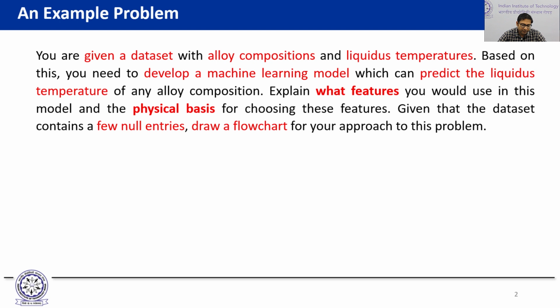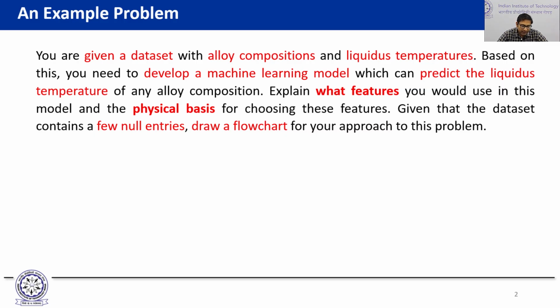So you have a data set with a bunch of different alloy compositions, and then your target value is basically the liquidus temperature. So based on this, you are asked to develop a machine learning model which can predict the liquidus temperature of any alloy composition.